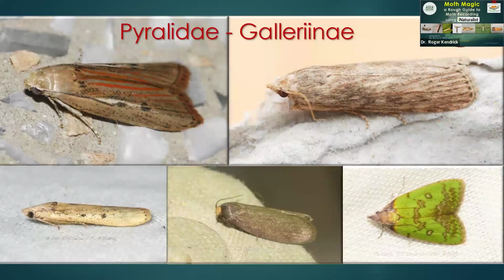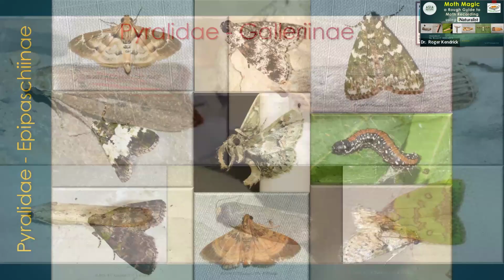Other subfamilies, the Galleriinae, are typically smaller, very involute to slightly flattened, and often associated with Hymenoptera inside beehives, inside wasps' nests, as larvae, not as the adults.